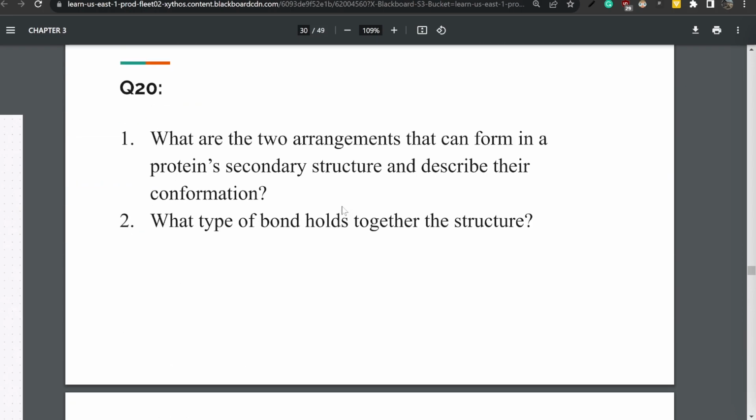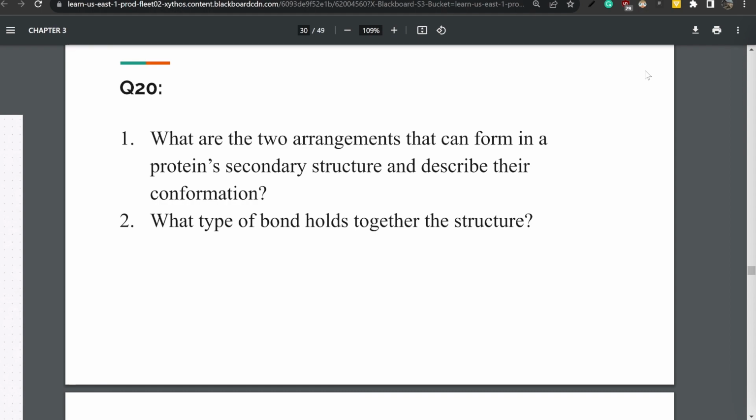Two arrangements that can form in a protein's structure describe their conformation. Hydrogen bonds. What type of bond holds together the structure? Hydrogen bonds. Okay, what are the two arrangements that can form in proteins?